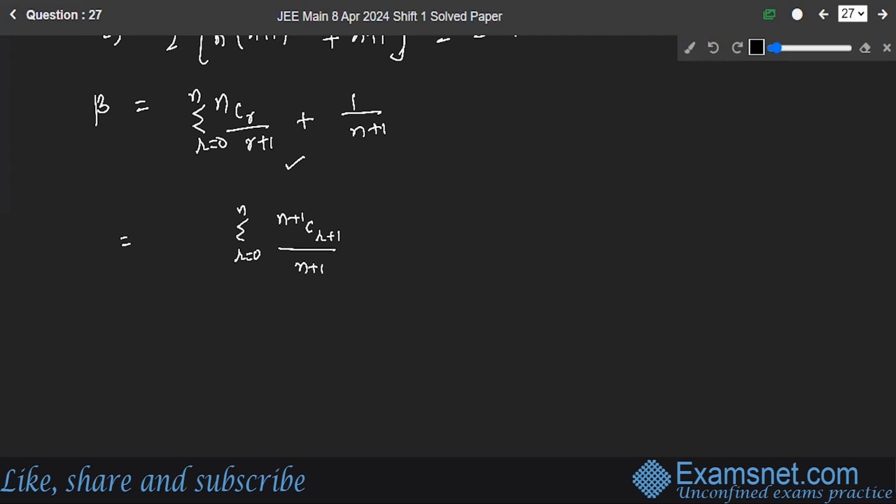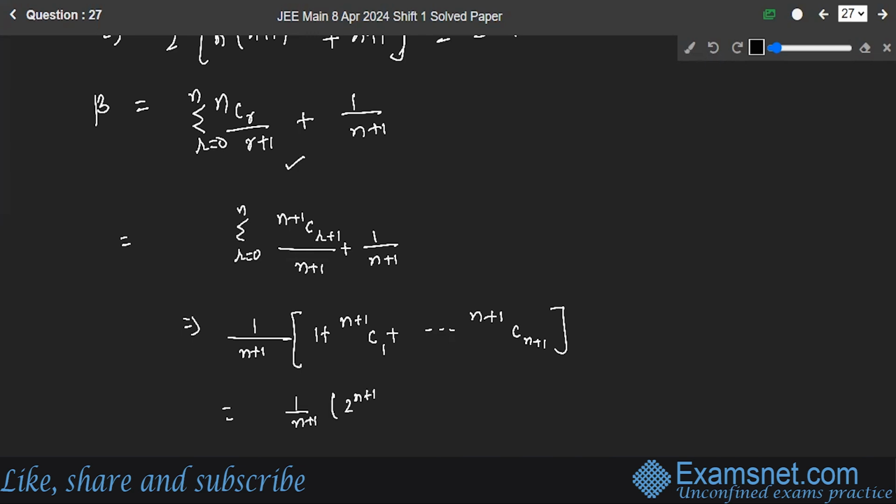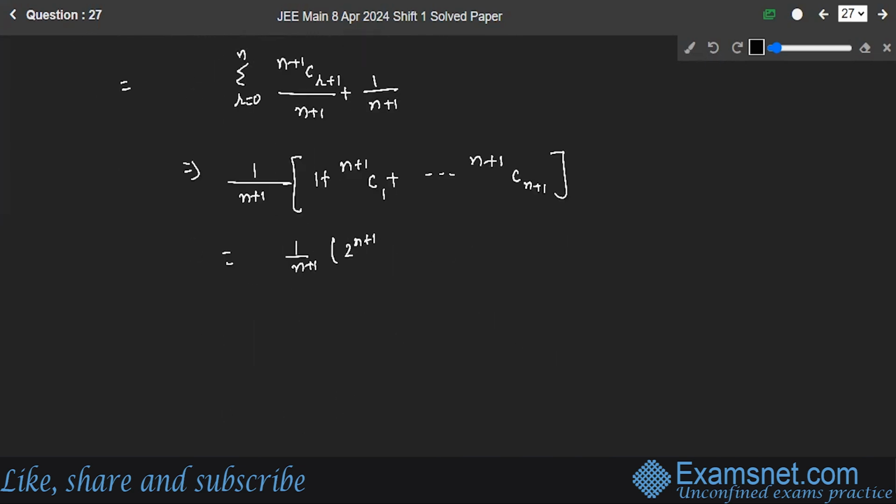Now this will be divided by n plus 1, plus 1 upon n plus 1. So I'm taking 1 upon n plus 1 common. This will be 1 plus this, and so on till n plus 1 C n plus 1. Right, this is nothing but 1 upon n plus 1 into 2 raised to power n plus 1. So this is your beta.